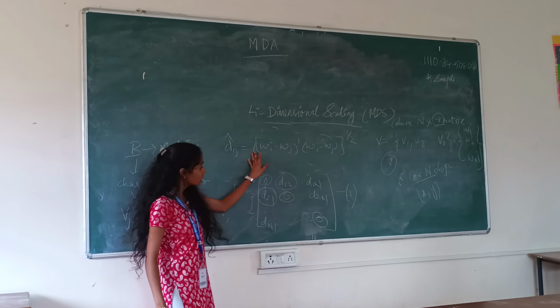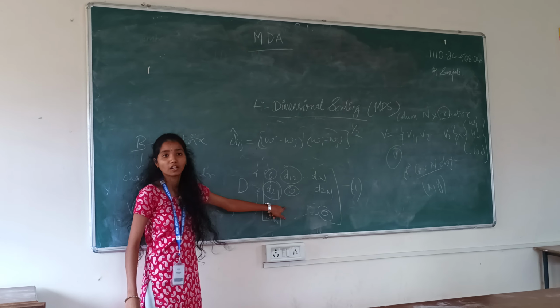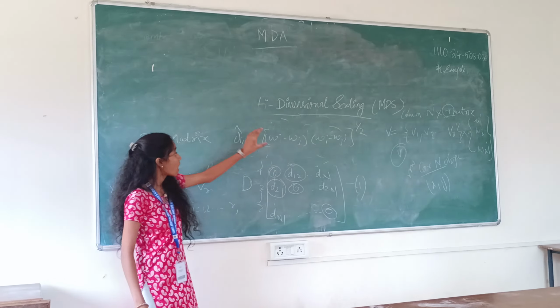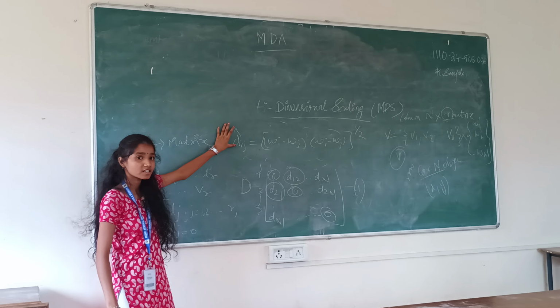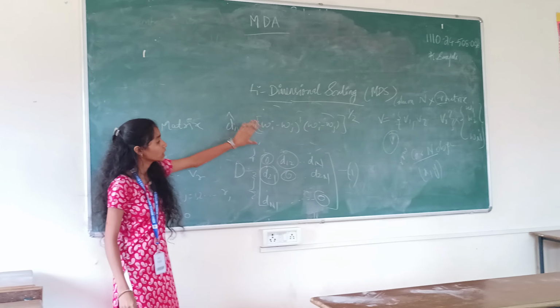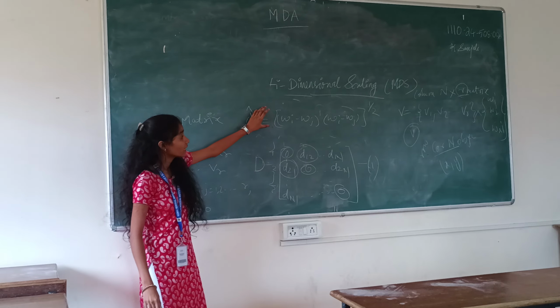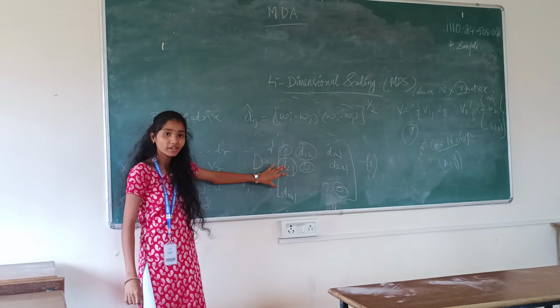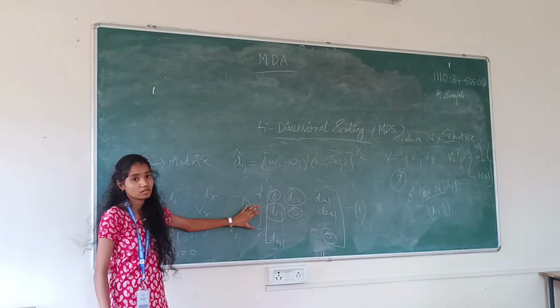This is equal to equation 1, which means the predicted estimate is equal to this one, so that it is able to capture the original distance.